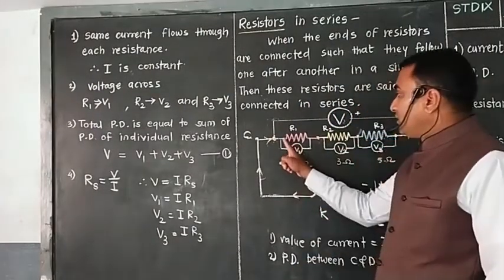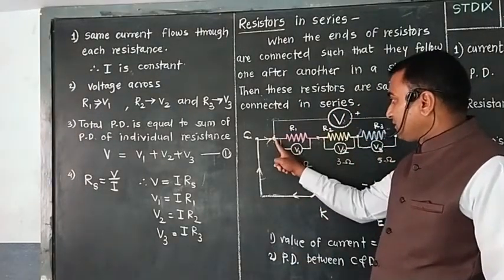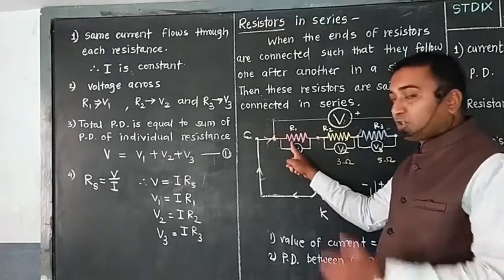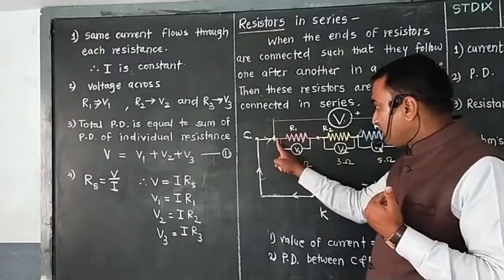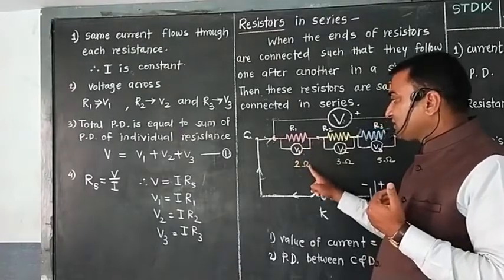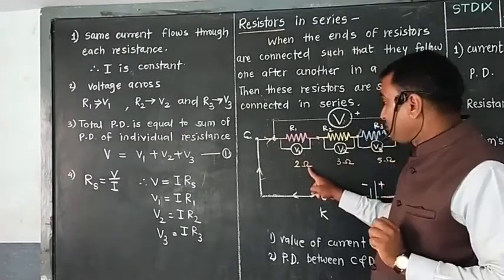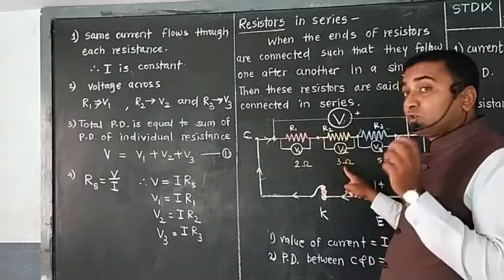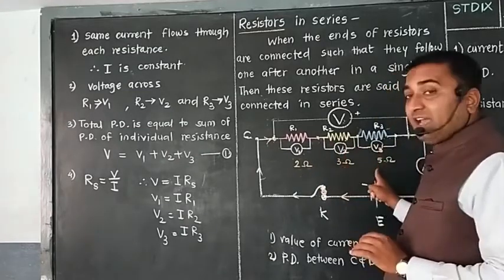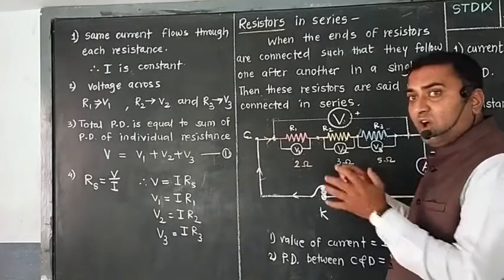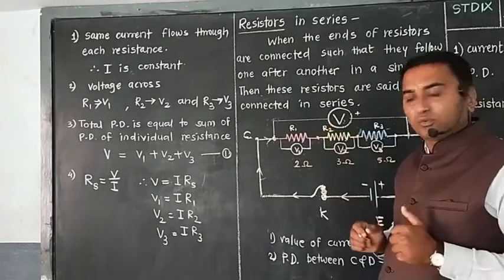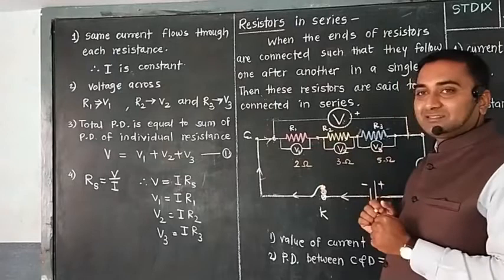See, potential difference means the amount of work done to carry the charge. For this resistance of 2 ohm we have considered 2 joule, here 3 joule, it is an example, and here we have considered 5 joule. So how much total work do you have to do? You have to do the addition or not?